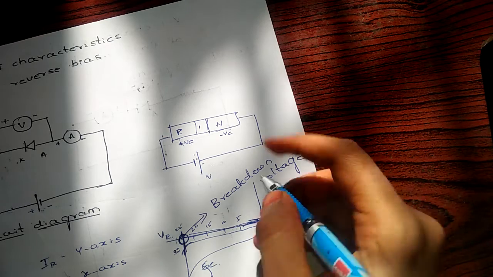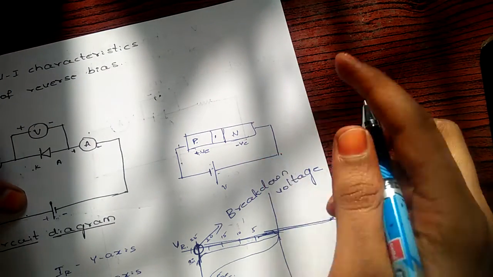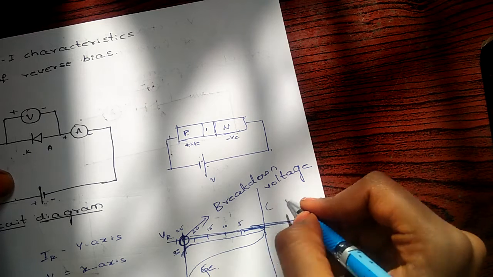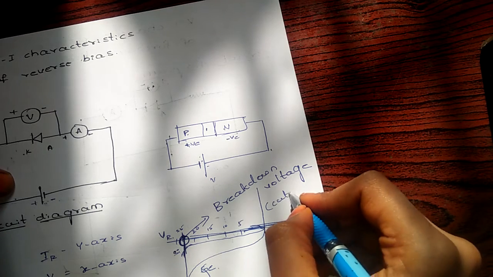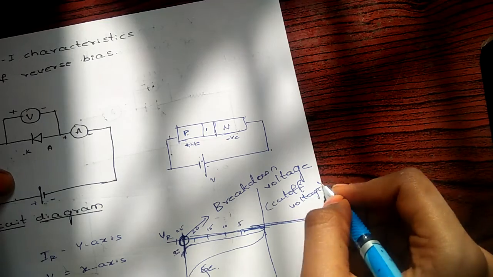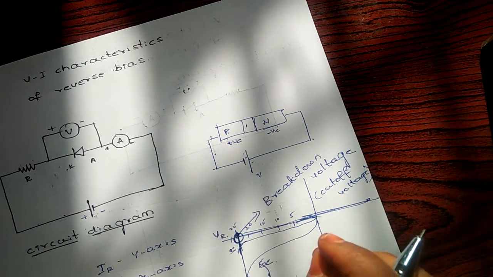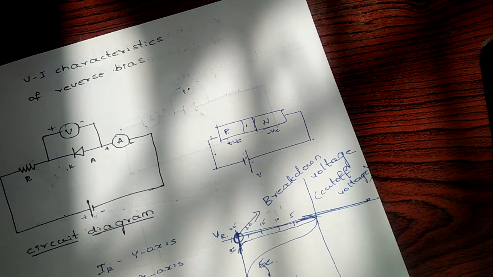In the forward bias VI characteristics it is called the cut-in voltage; here it is the cutoff voltage.